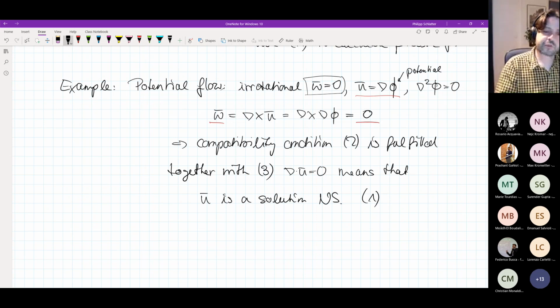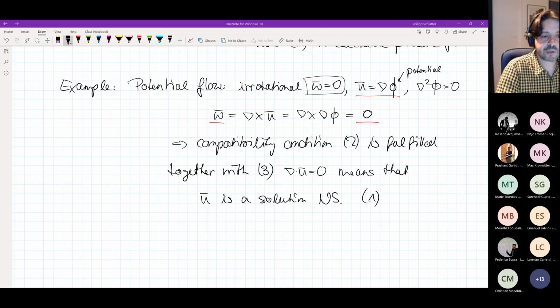Okay, so this was one example of showing you how we can use this idea of having the vorticity equation as a compatibility condition on the side.